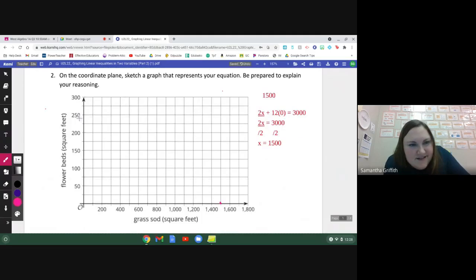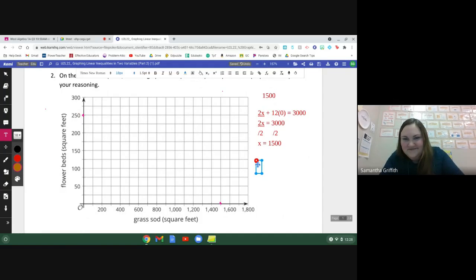250? How'd you get 250? Well, I did the same thing I did to solving for x. Let me go back to the equation, the normal form of the equation. That's 2 brackets 0 plus 12y.